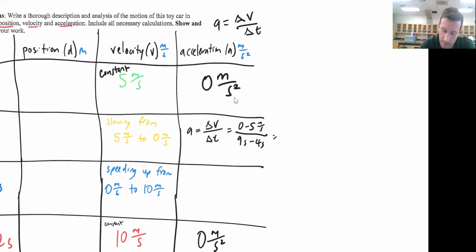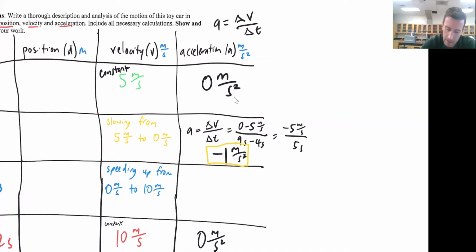So 0 minus 5 is negative 5 meters per second over 5 seconds. 5 divided by 5 gives me negative 1 meter per second squared. So my value here would be -1 meter per second squared for my acceleration.